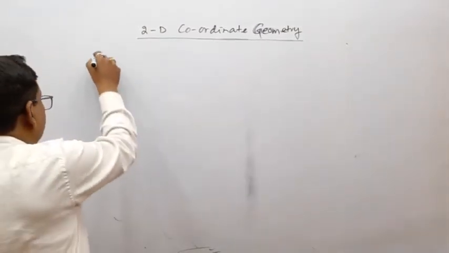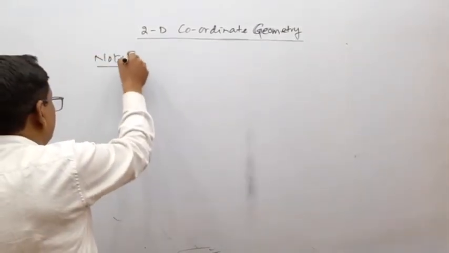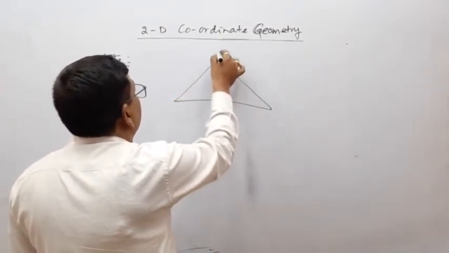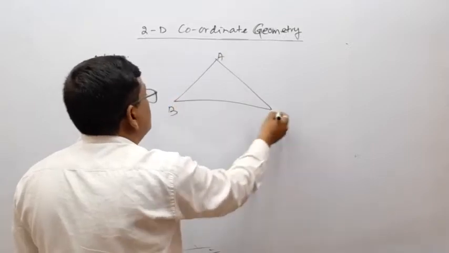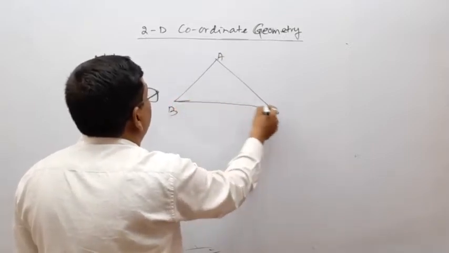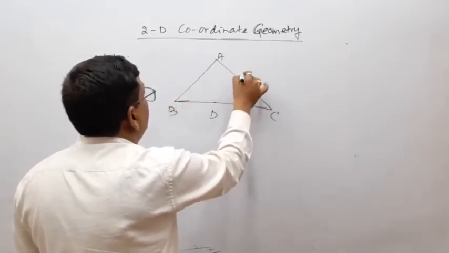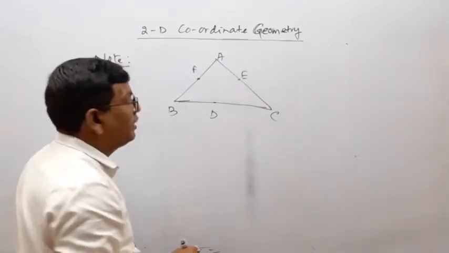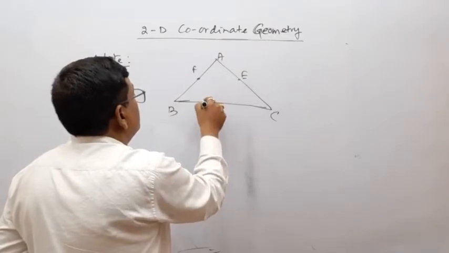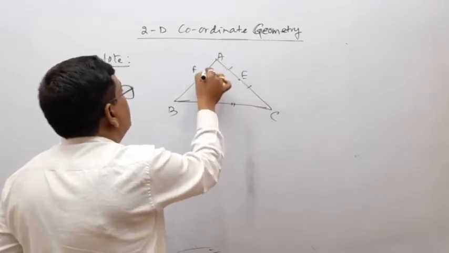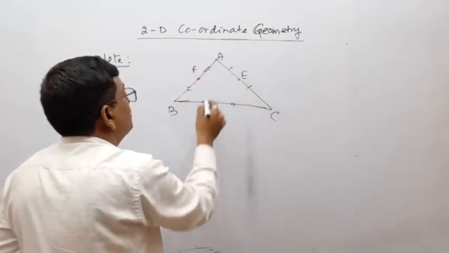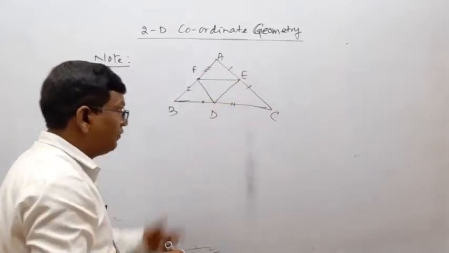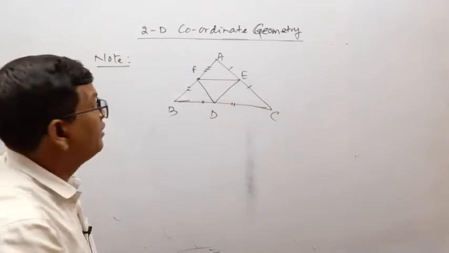Note: suppose this is triangle ABC, and D, E, F are the midpoints. This is equal to this, this is equal to this, and this is equal to this, are midpoints. Then the centroid of the triangle DEF is equal to the centroid of the triangle ABC.